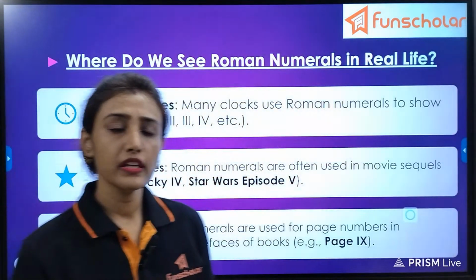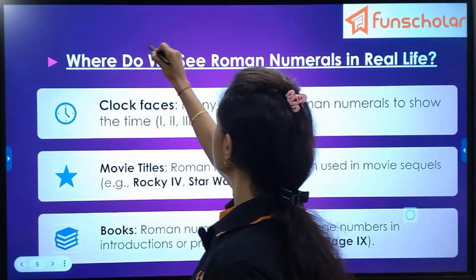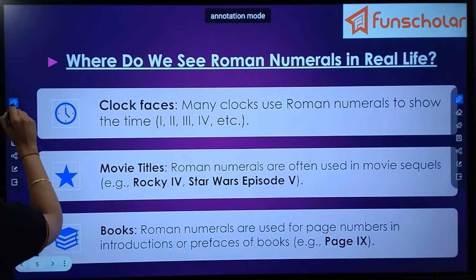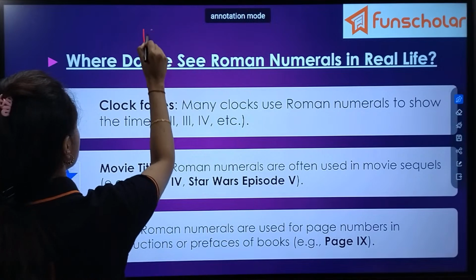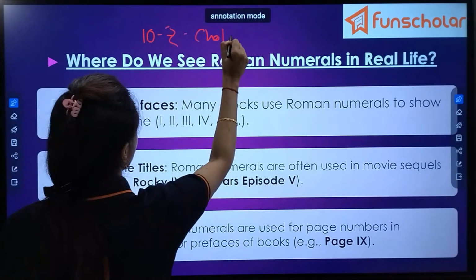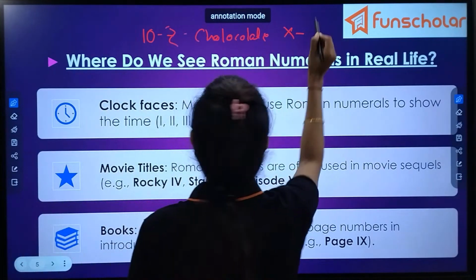Now, why do we use Roman numerals? We use 1, 2, 3, 4, and when we go to the market we say, we need 10 rupees ka chocolate de do bhaiya. We don't say X rupees ka chocolate de do bhaiya. Do we?